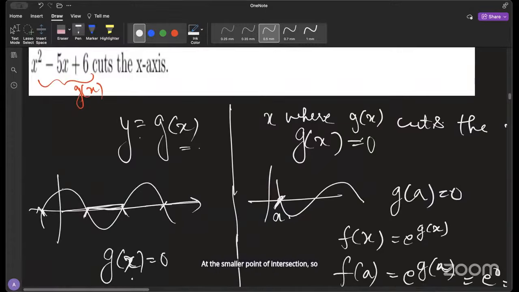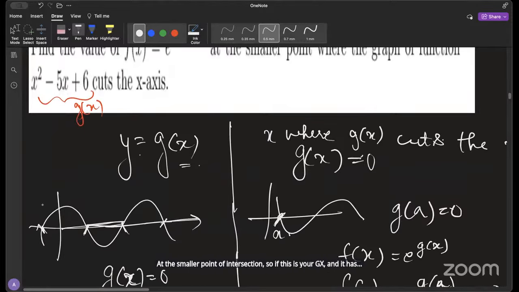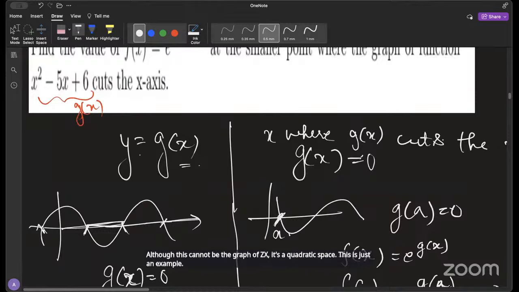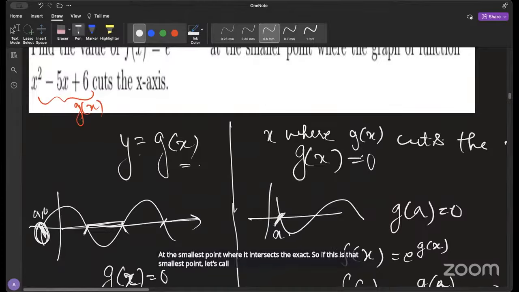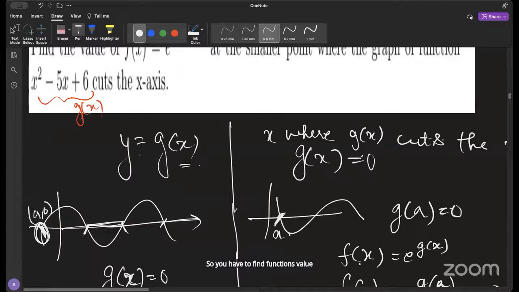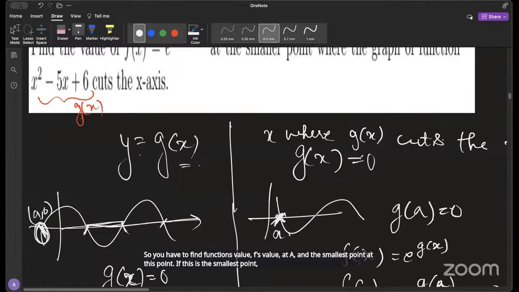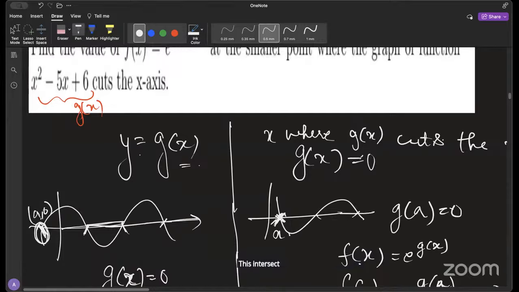Although this cannot be the graph of g(x), it's just an example. If this is the smallest point where it intersects the x-axis, let's call it (a, 0). You have to find f's value at a, at the smallest point.